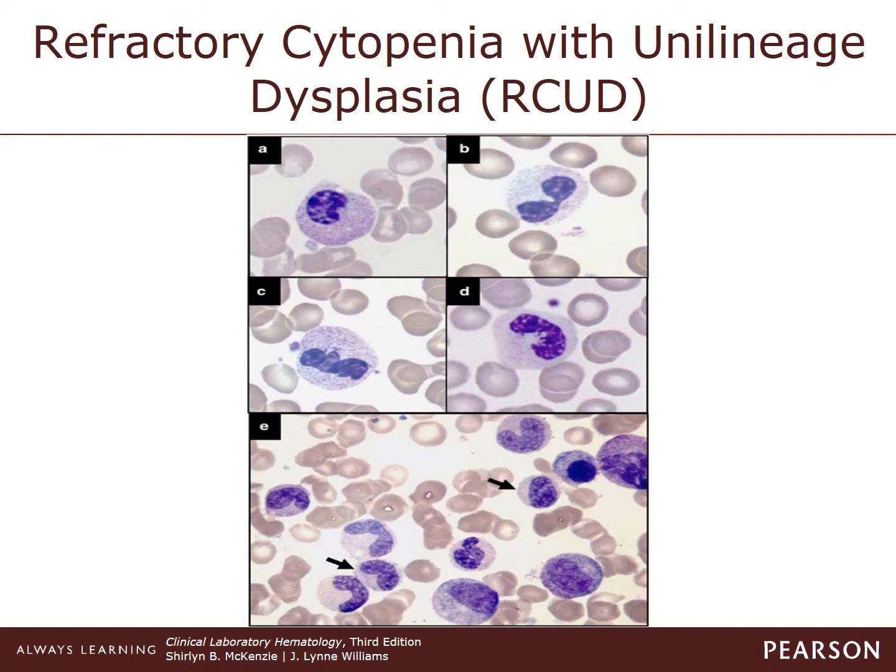Now, although there may be cytogenetic abnormalities seen in up to 50% of these cases of refractory anemia, none are really specific to make a diagnosis. The median survival for these patients is about 2 to 5 years, with only a very low risk of transformation to an acute leukemia. So out of the MDSs, this is the best prognostic type of condition.